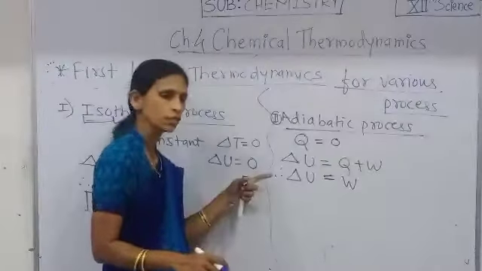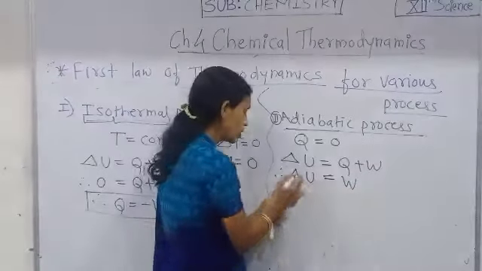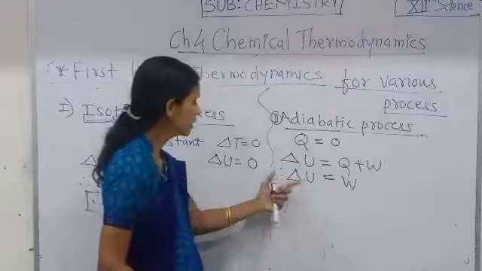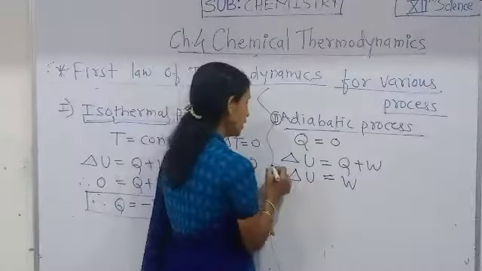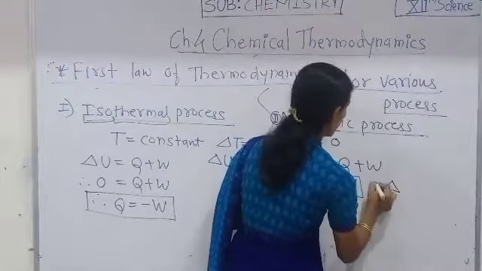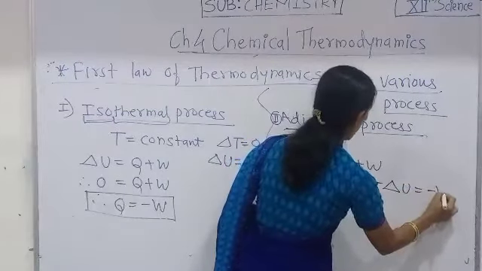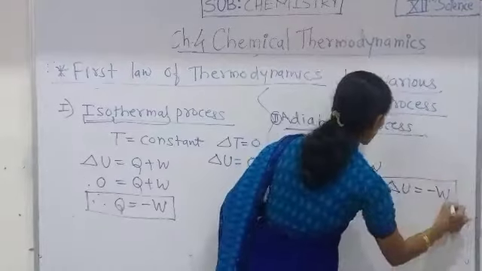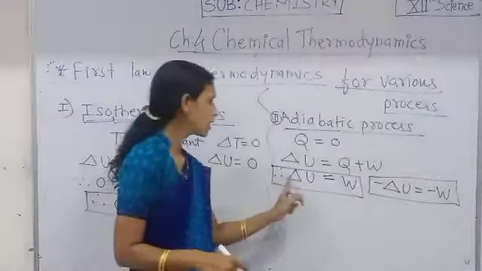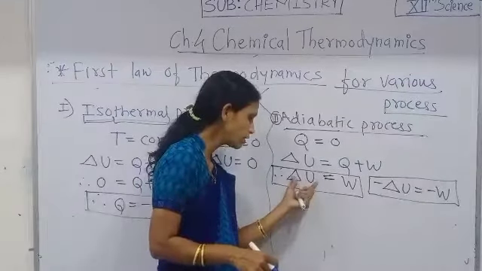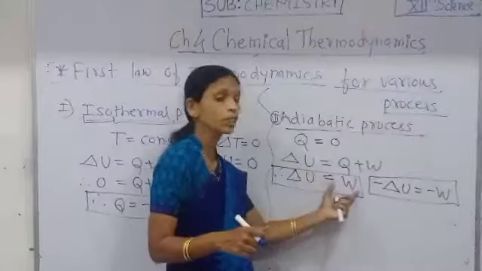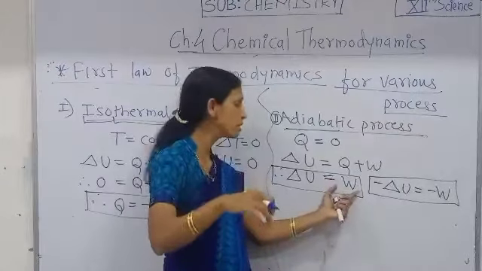That means here delta U is positive and work done is also positive. This expression can be written like this: minus delta U is equals to minus W. That means this expression indicates that the increase in internal energy is due to work done on the system.